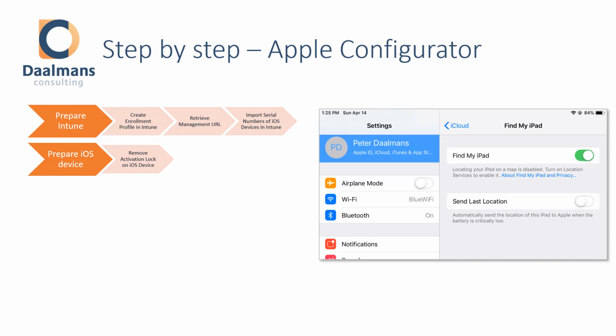So if somebody leaves the company, the device is locked to one Apple ID, and then it's useless for the company. So by doing this, the device can be reused after an employee leaves the company.